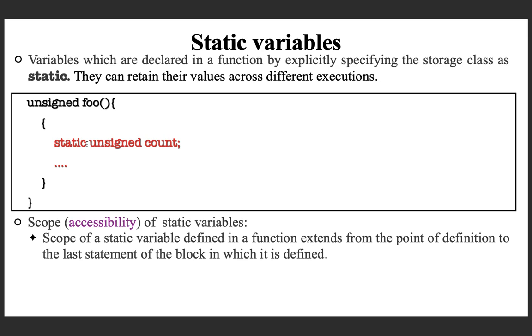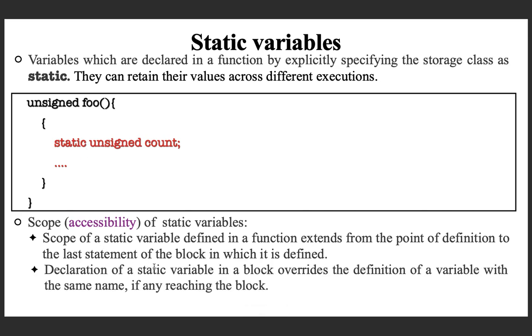And just like automatic variables, if the declaration of a static variable like count in this block overrides the definition of a variable with the same name, suppose that you have another static variable, or even a local automatic variable defined here with the name count, then this will override.